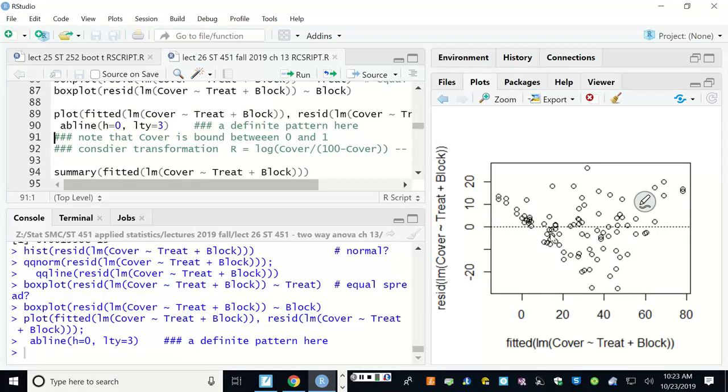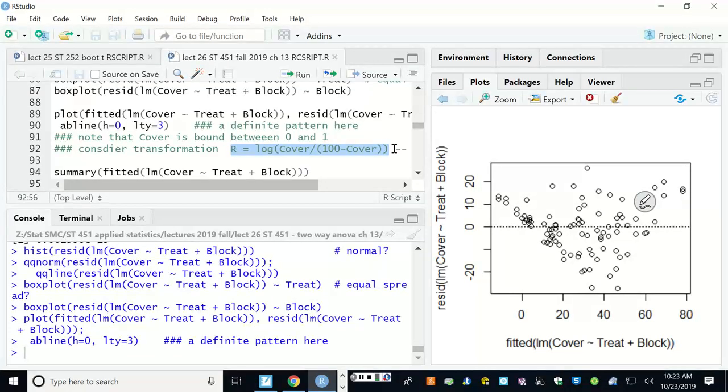The book suggests transforming cover through this logit transformation, and results in the book use that. Once you do that, this transformation, cover divided by 100 minus cover, times log, this transformation takes that 0 to 100 interval and stretches it from negative infinity to positive infinity.